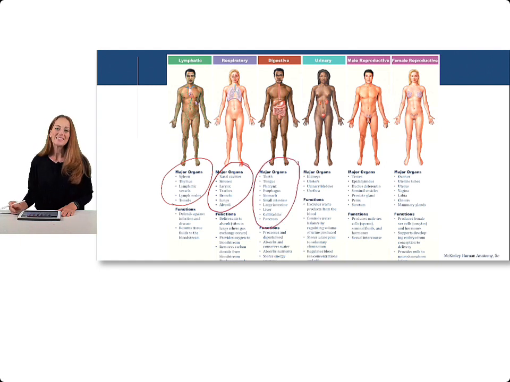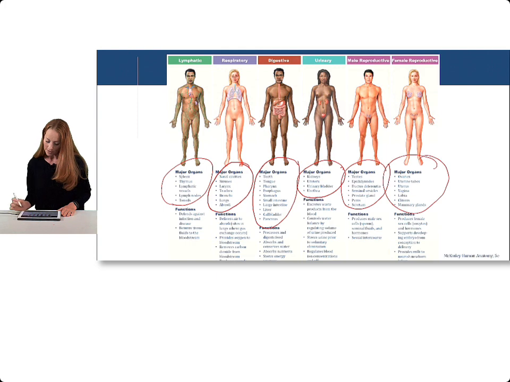The digestive system, which begins in the oral cavity with the teeth, tongue, the pharynx, and then down the esophagus to the stomach, small intestine, large intestine or colon, the liver, gallbladder, and pancreas. The urinary system, which includes the kidneys, ureters, urinary bladder, and urethra.